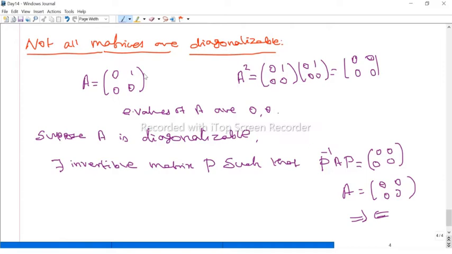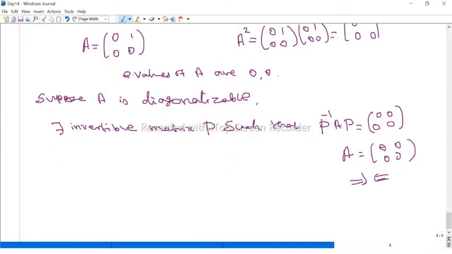Even in general, if you take any non-zero nilpotent matrix, at least one entry is non-zero, and it is never diagonalizable. That is a very important note. Regularly they will ask questions related to this. A nilpotent matrix is never diagonalizable except in the case A equal to 0. Note.